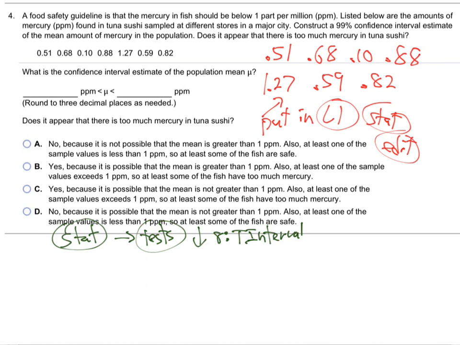But this time, you're going to choose data instead. So hit enter on data. You're telling it to get all of its numbers from the data set in L1 instead of from summary statistics.